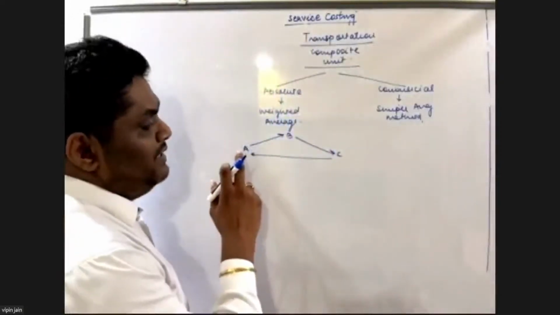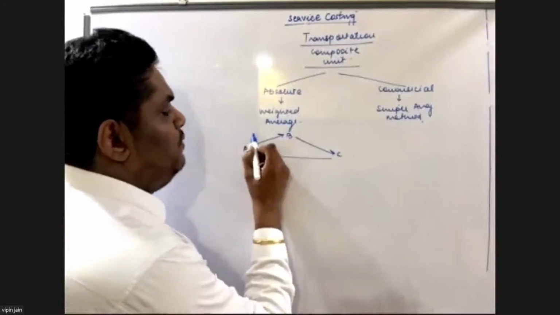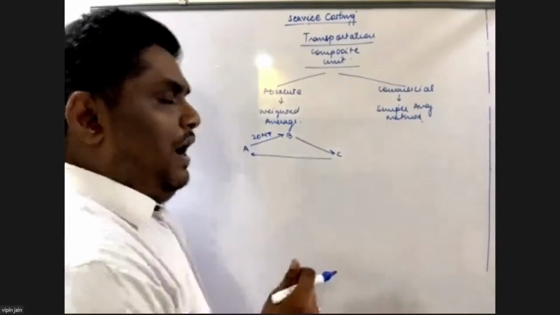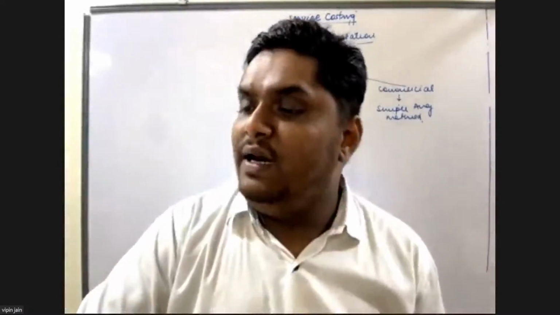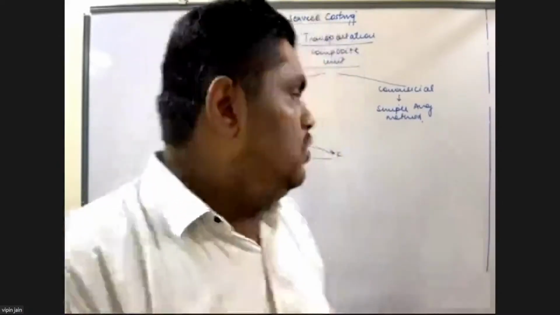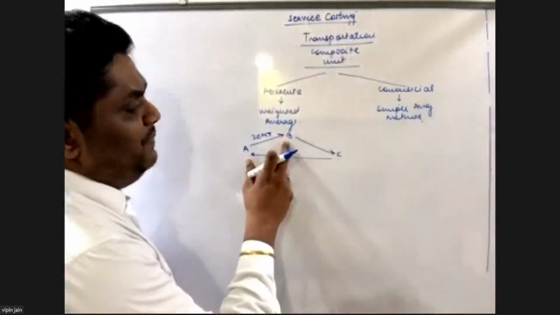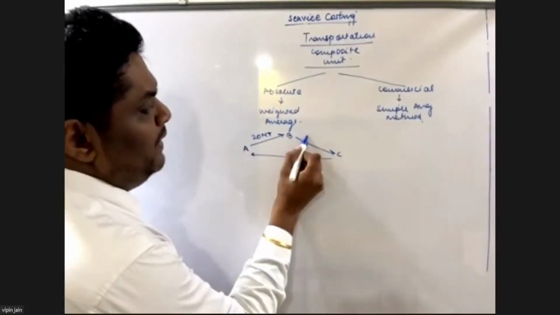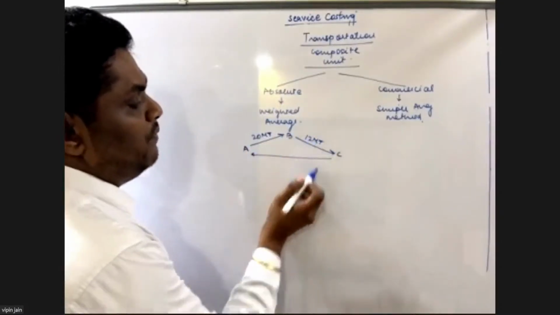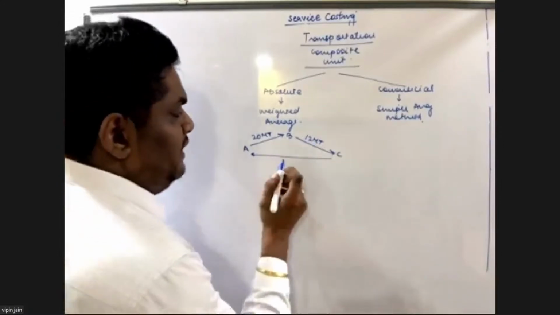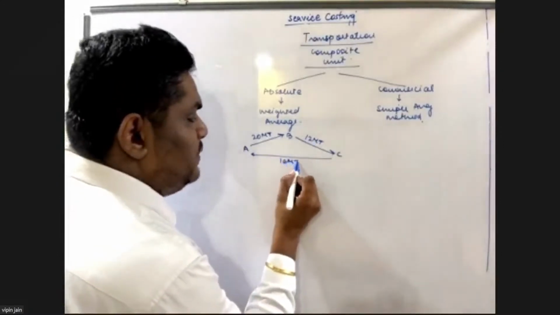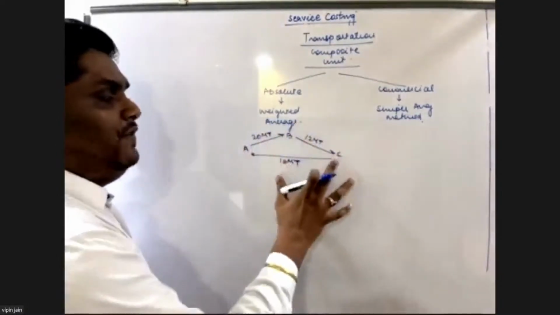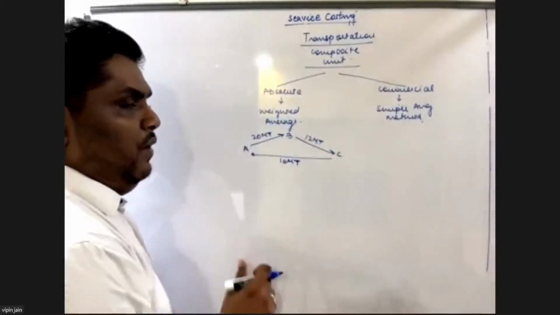So the tons transported from A to B is 20 metric tons. Out of 20 metric tons, 8 were unloaded at station B. So the goods transported from B to C are only 12 metric tons. In the return journey, 16 metric tons were transported from C to A. So this is the data of the metric tons transported.